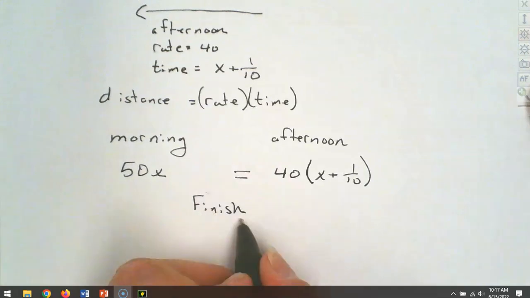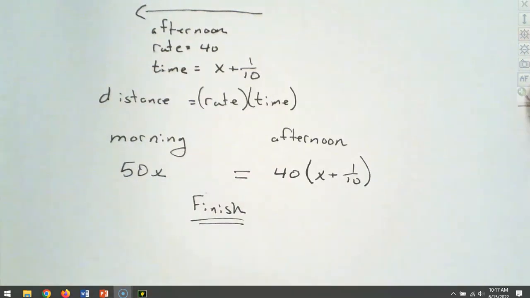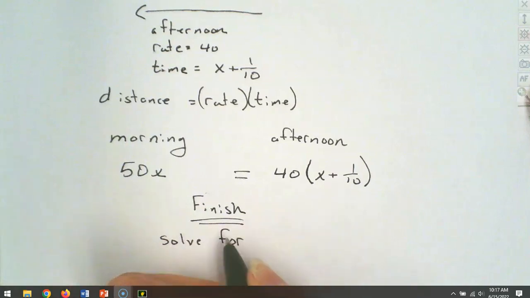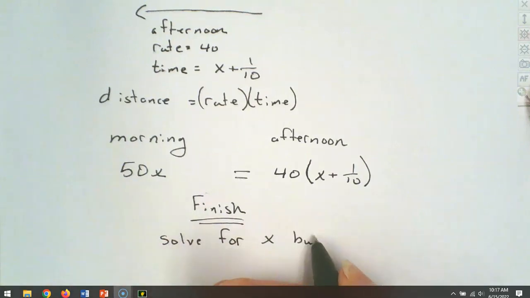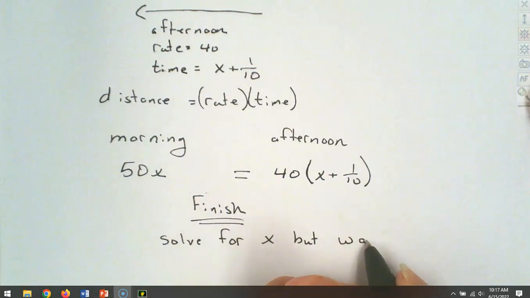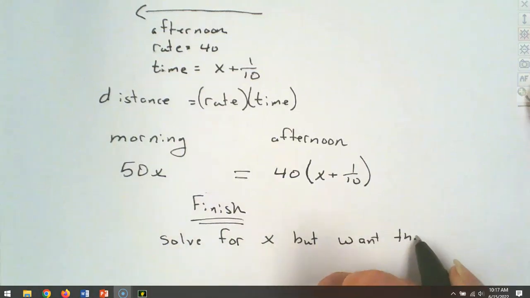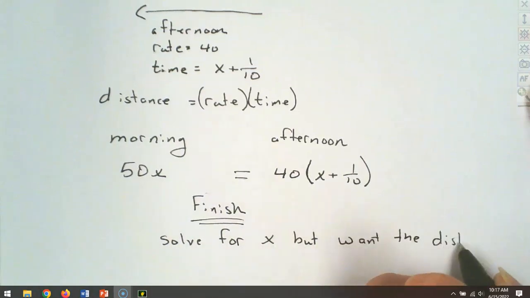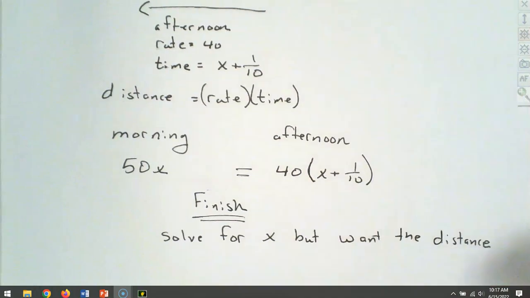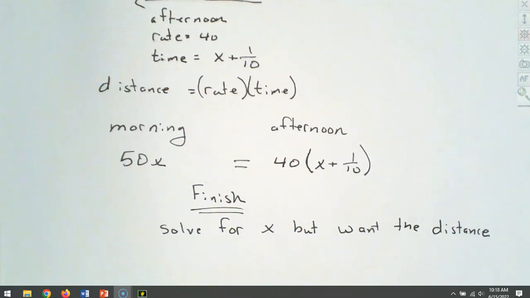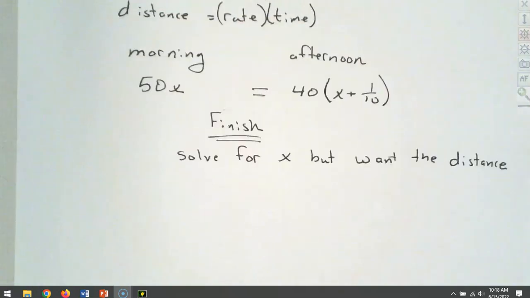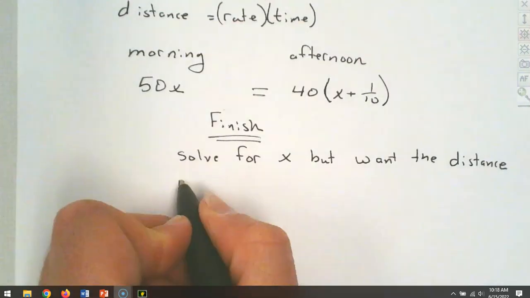Now, one thing I'm going to have to tell you is you're going to finish it, and you're going to solve it for x. But we want the distance. Right? It says we want the distance. So what we do is we take it and we plug it back in. So you're going to solve it for x. We want the distance, and so we'll just do it for the morning.